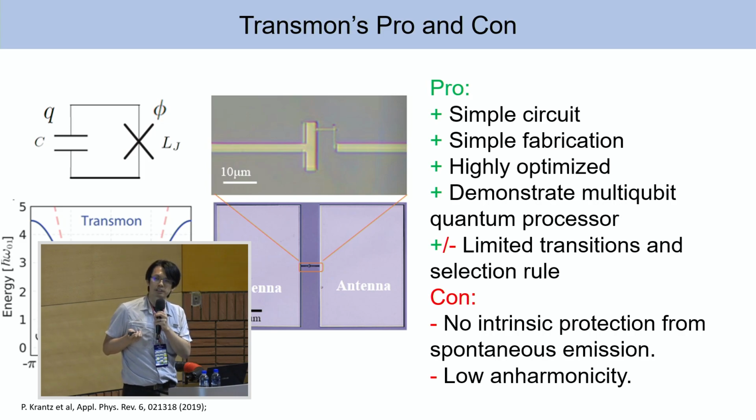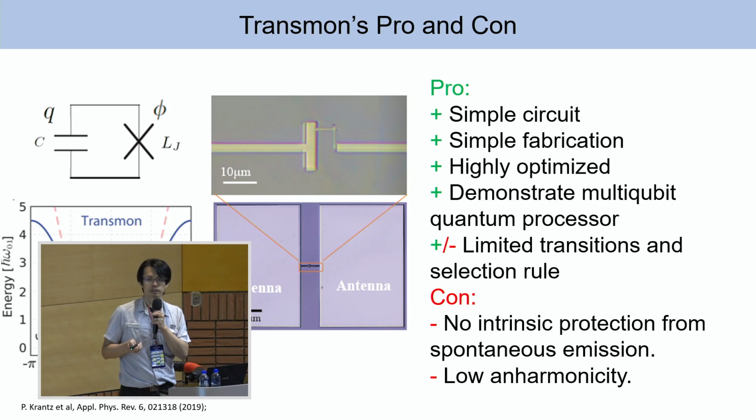A transmon qubit is typically a Josephson junction shunted with a larger capacitor. Therefore the potential looks non-harmonic, so it's a nonlinear oscillator such that the energy spacing between the eigenstates is not equal.